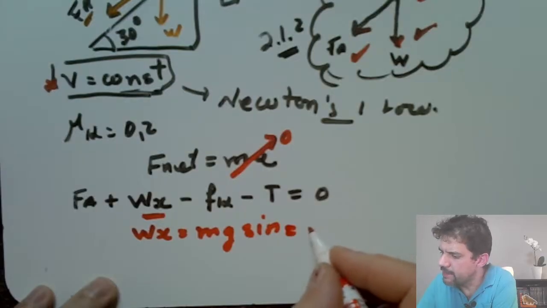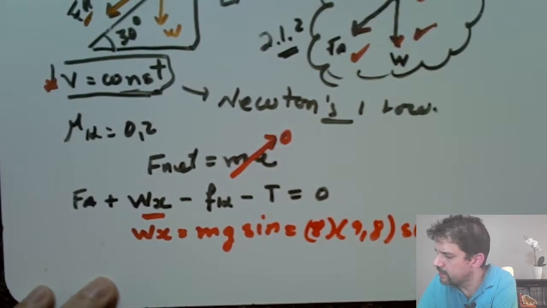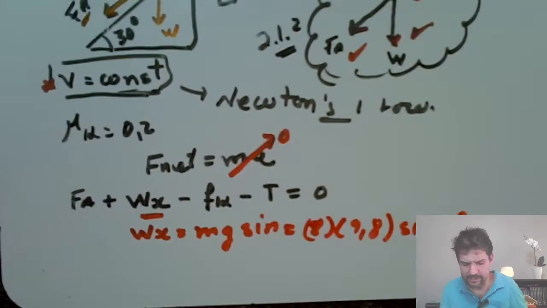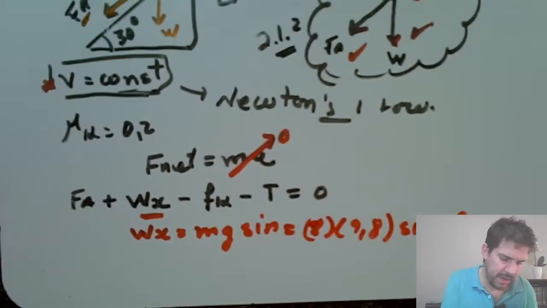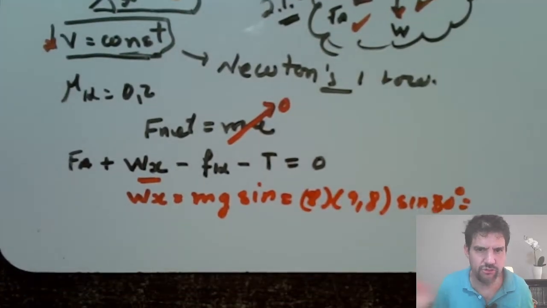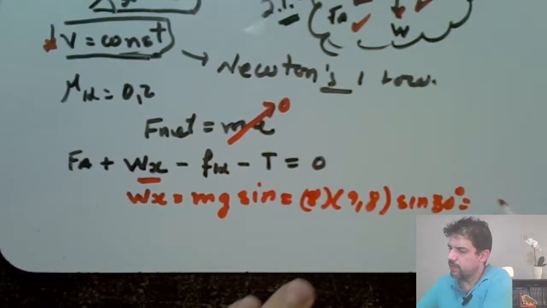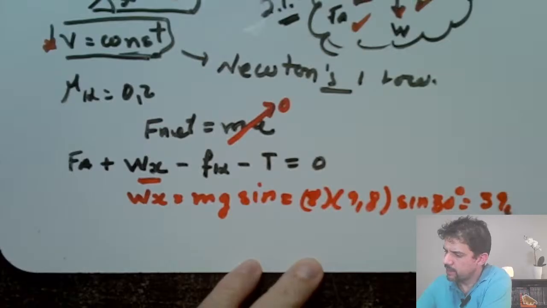Looking for it, yes, 8 times 9.8 multiplied by sine of 30 degrees. Let's see how much we get in here. Sine is opposite in this case. This is equal to 39.2 Newton.